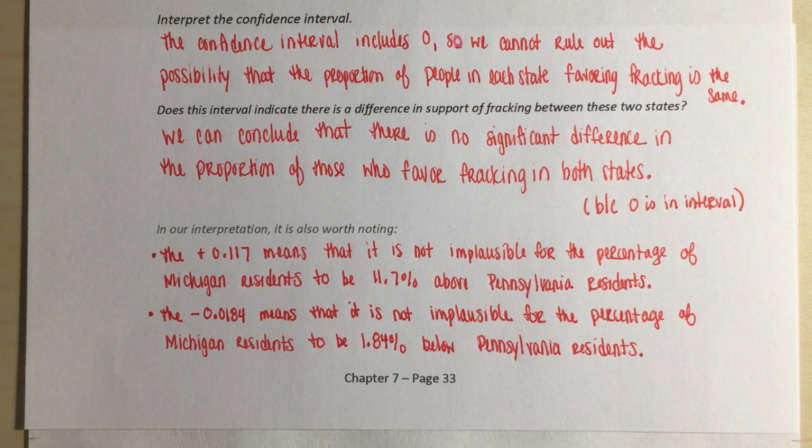So the positive value means that P1, Michigan, could be greater than P2, Pennsylvania, by 11.7%. And the negative value means that P1, Michigan, could be less than P2, Pennsylvania, by as much as 1.84%.